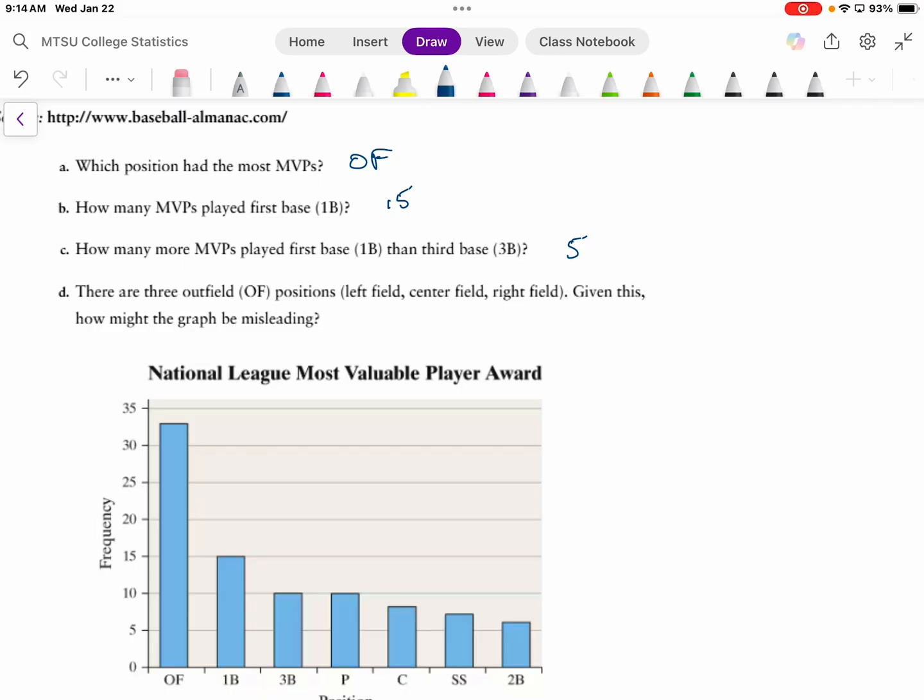So here, we don't know the breakdown for each of the outfield positions.